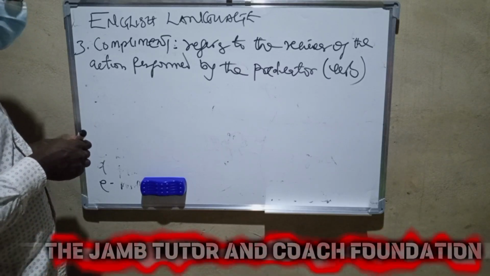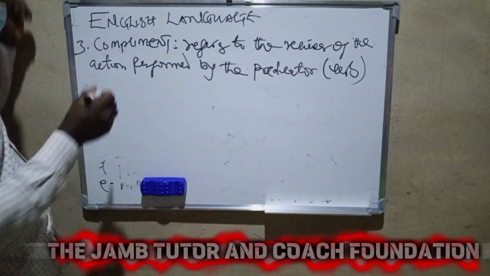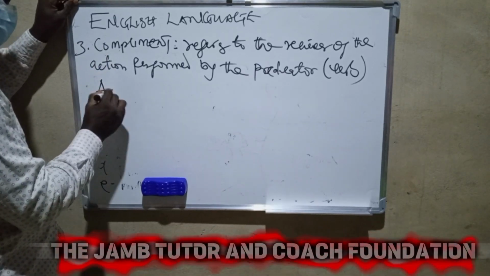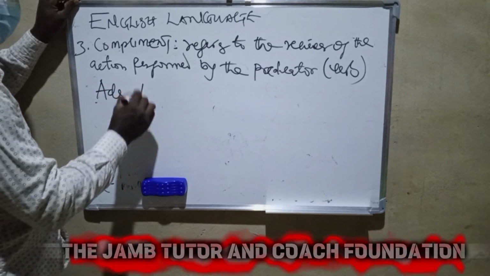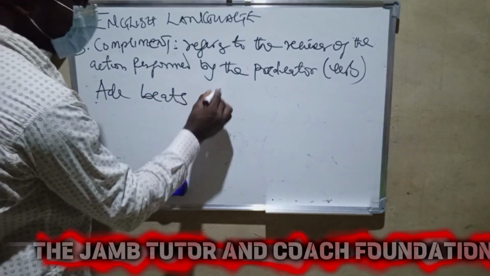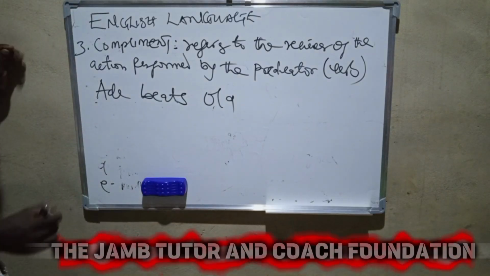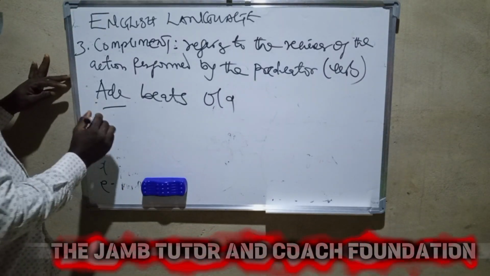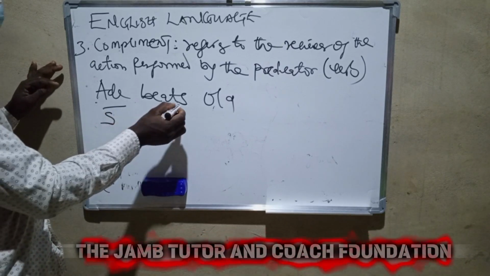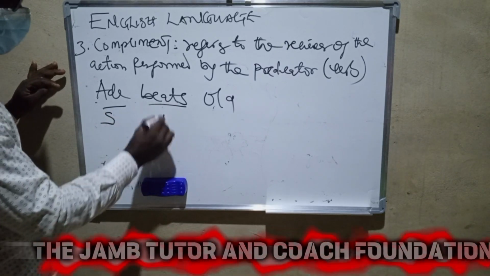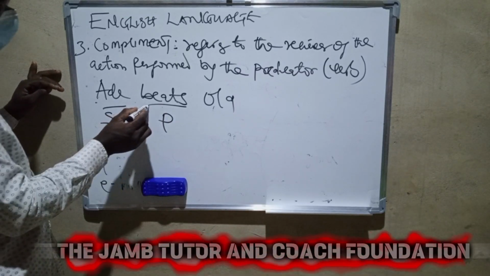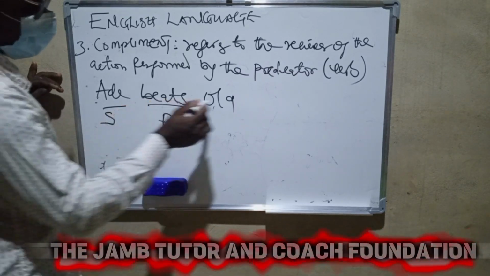Okay, let's take for instance, Ade beats Ola. Okay, Ade is the subject S. Beat is the predicator P. So the person that receives this action beat is what?